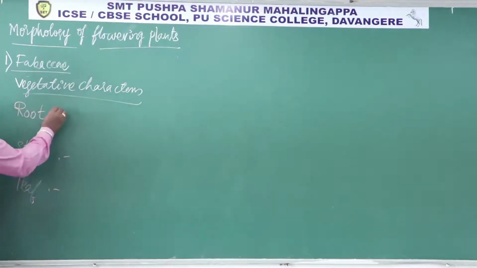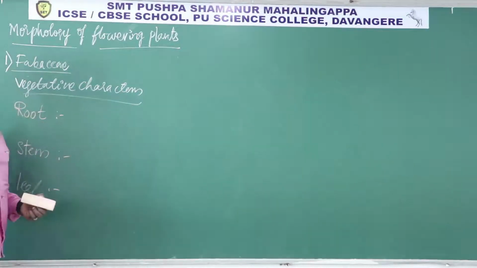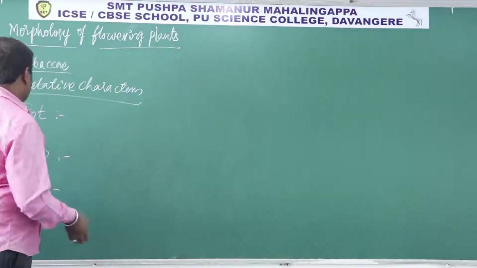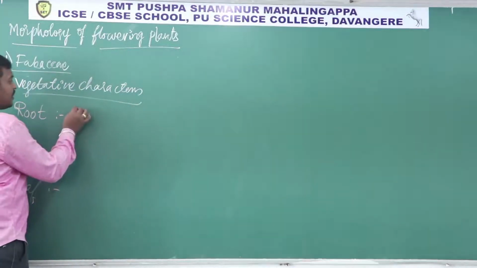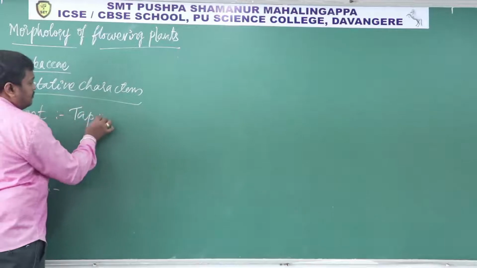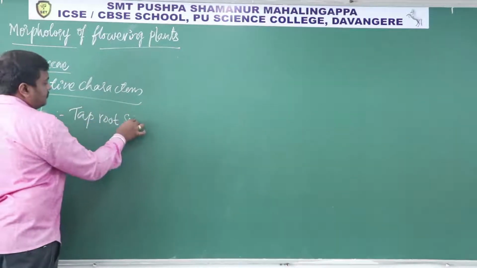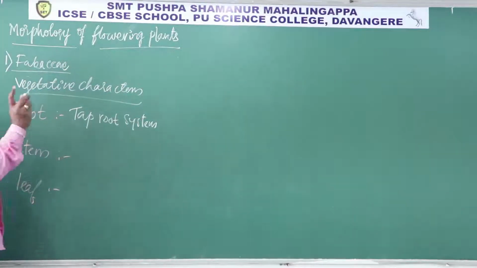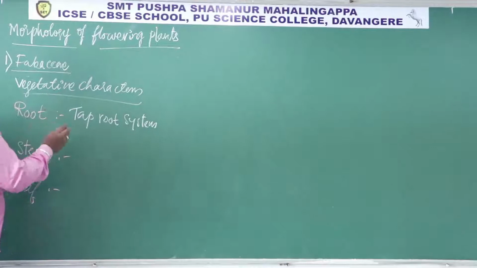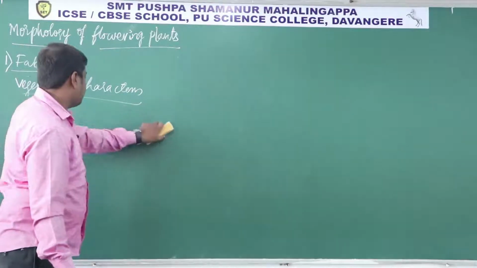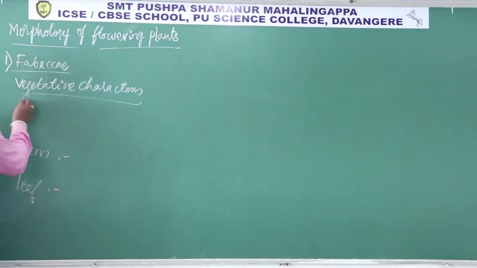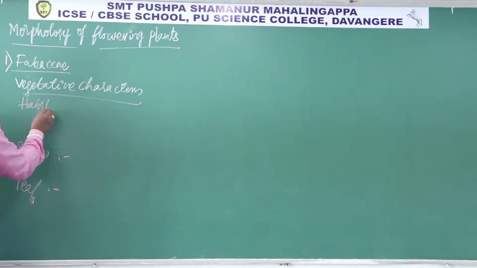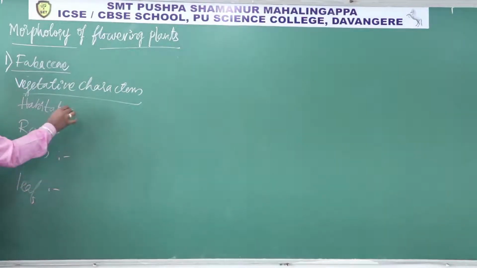So these are the three vegetative characters. Okay, so the plants which come under this family Fabaceae usually have a taproot system, and the most important thing is its habitat, that should be written first. How does it look, that's important. Habitat, then root.